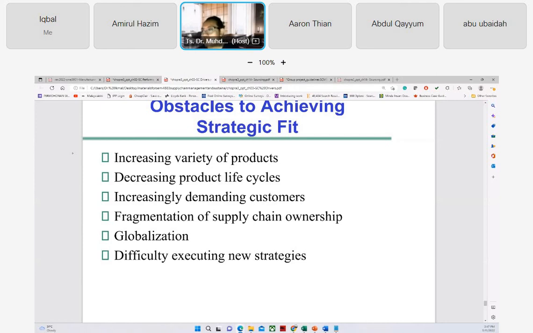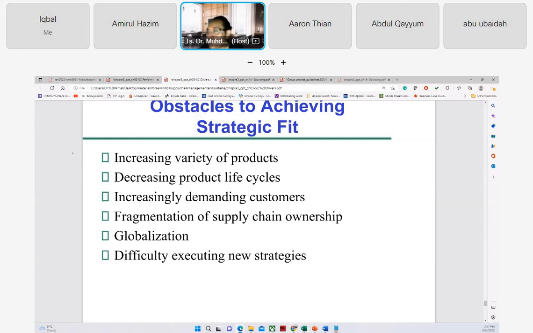And then number 4, fragmentation of supply chain ownership. We have a lot of supply chain companies, and sometimes the owner is not what they mention on the business card, or the holder is somewhere else, someone else.